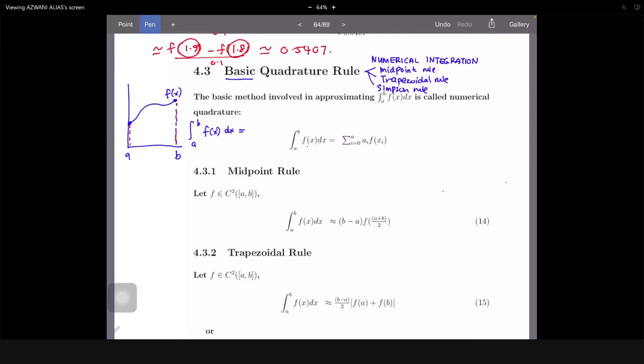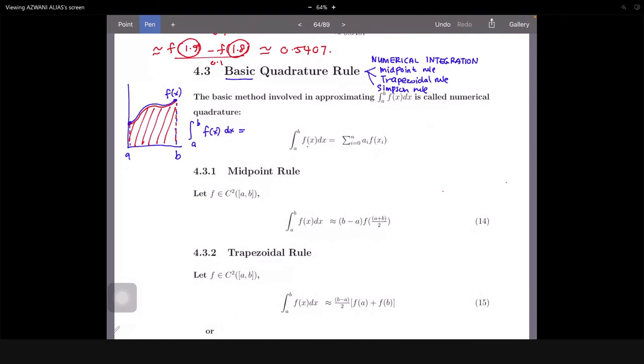Anyone? Ingat tak? Ada belajar dalam calculus. Kan? Area, yes. Area. Betul? Area bawah graph. Maksudnya f ni is a function. So bila kita integrate a function of f from A to B, you akan dapat this, right?